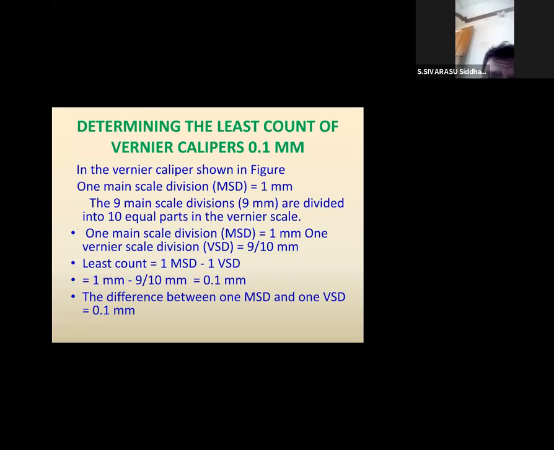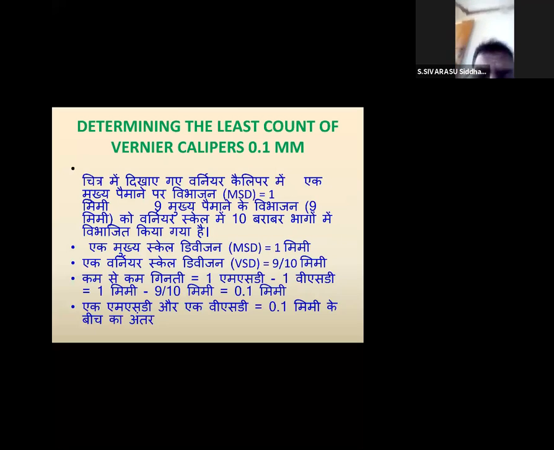What is my least count? The least count is the difference between one main scale division and one vernier scale division. One main scale division is 1 mm, one vernier scale division is 9 by 10, that is 0.9. So you get 0.1 mm of accuracy.